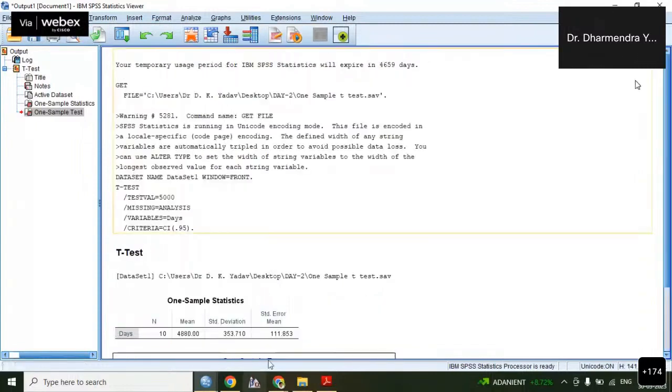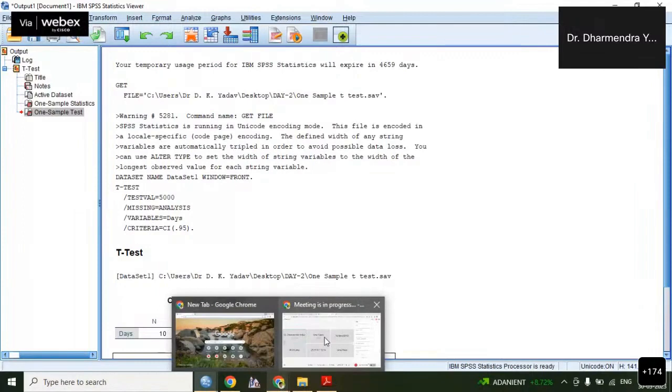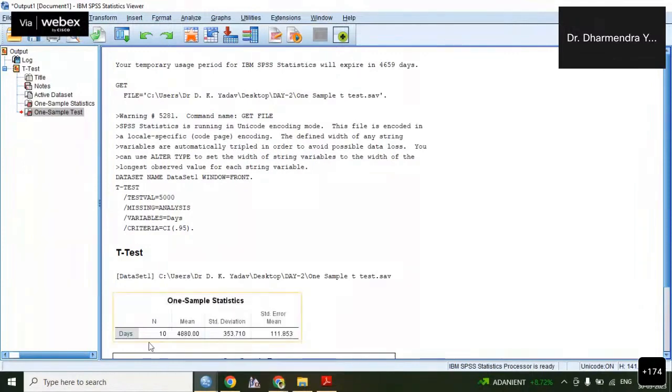So in this single sample t-test, please let me know if there is any issue or any outcome. I think we can go for the second t-test.